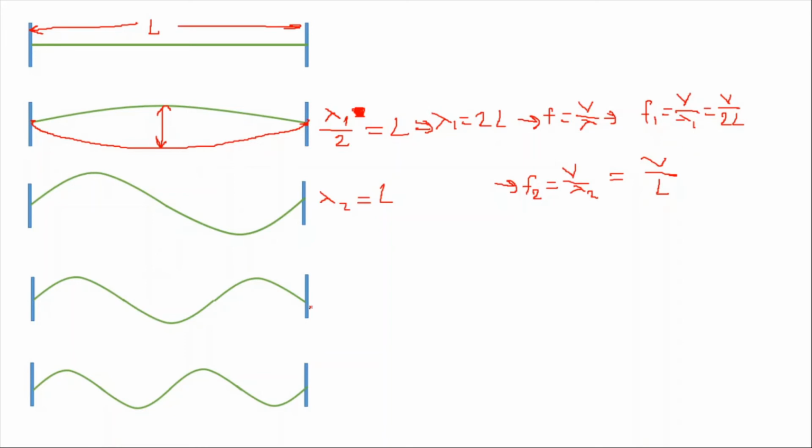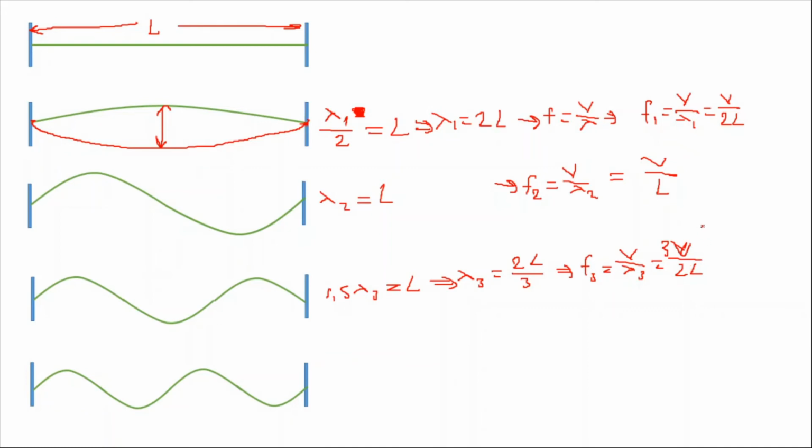Here we have 1.5 wavelengths, so we can write 1.5 lambda 3 is equal to L. So lambda 3 is equal to 2L over 3. Then frequency F3 will be equal to V over lambda 3, and it is going to be equal to V over 2L over 3, which is 3V over 2L.